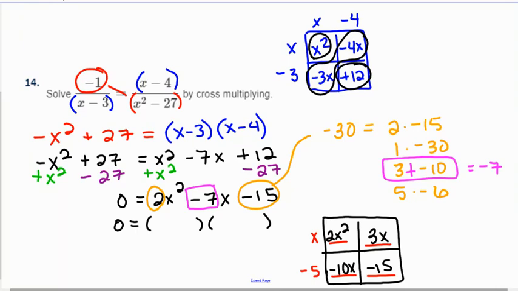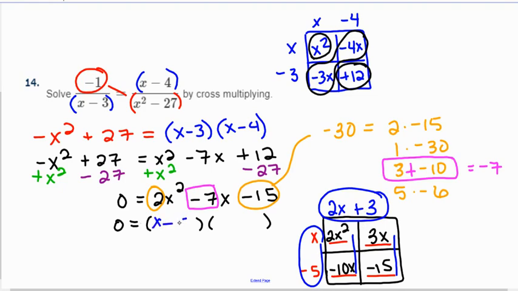Okay, then I noticed that 2x squared and negative 10x both have a 2x in common. 3x and negative 15, they both have a 3 in common. So this x minus 5 and this 2x plus 3, that's how I'm going to factor my trinomial into two binomials, right? X minus 5 and 2x minus 3.